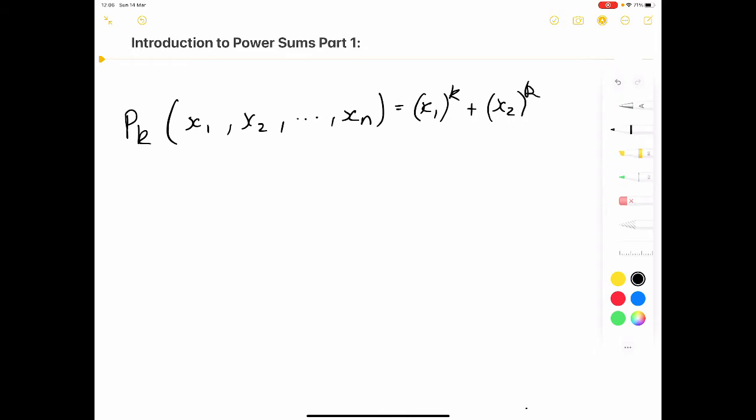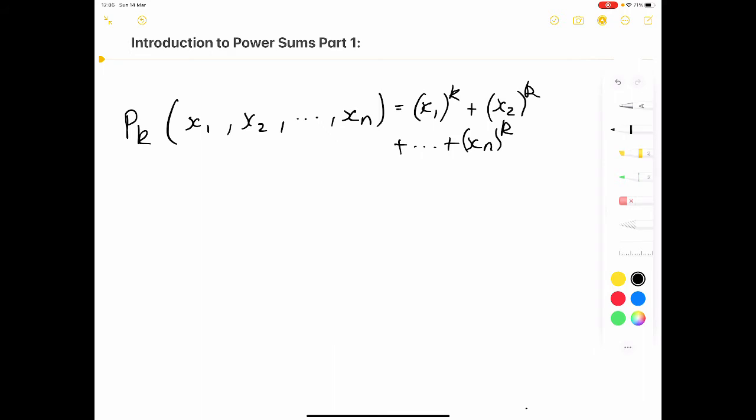So, first of all, what on earth is a power sum? Well, a power sum, denoted pk, of terms x1, x2, all the way to xn, these are just n terms, will be equal to x1 to the power of k plus the second term, x2 to the power of k, plus all the way to xn to the power of k.